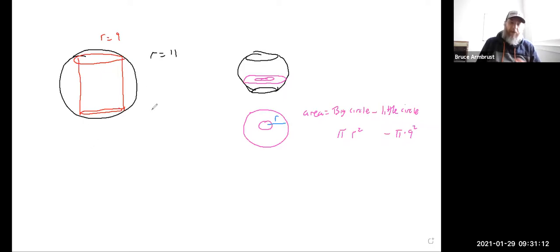Well, here you go. We just need the equation of this circle. So if I put some axes on here, like how about right down through the center, this is a circle and its equation is going to be x squared plus y squared equals 11 squared.